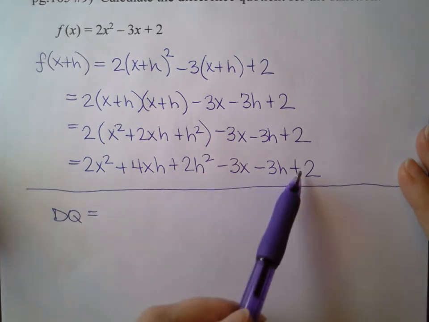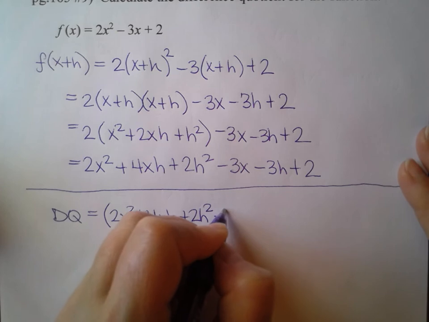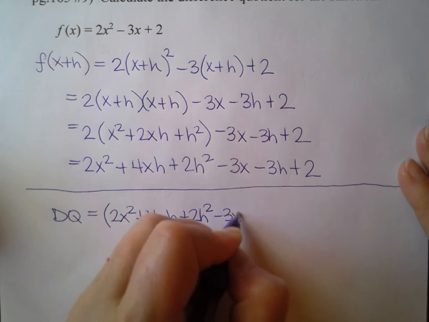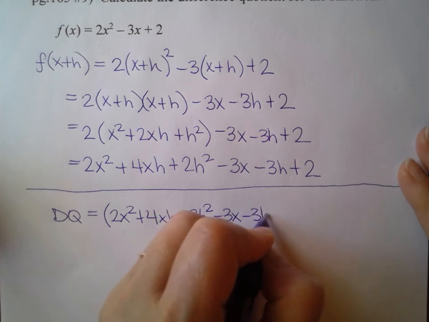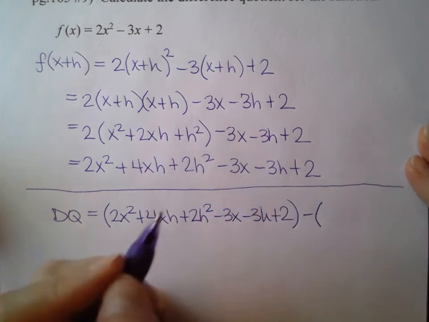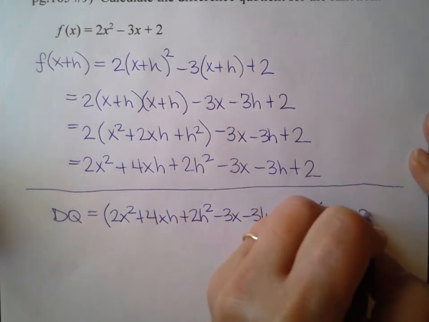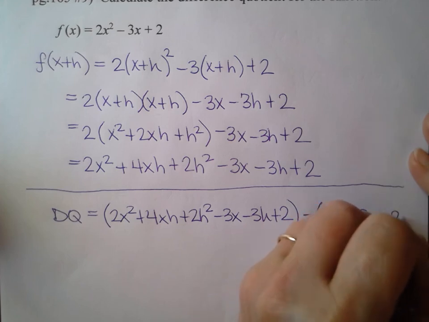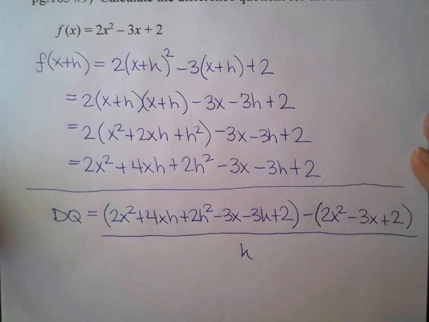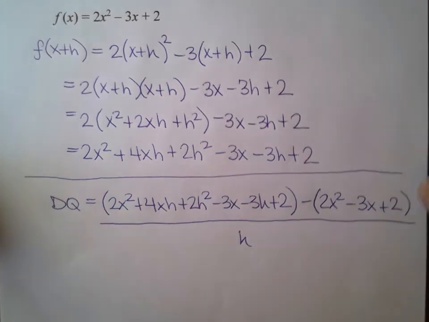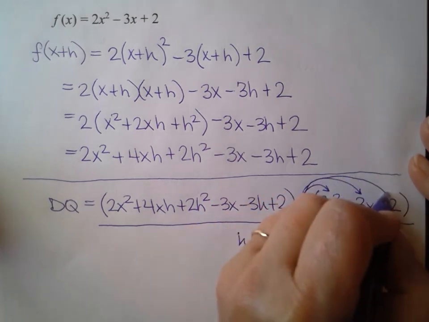So I want all of this, and again, I'm putting in parentheses, and I'm going to subtract the original function that I was given at the beginning of this problem. All of that over h. I don't want to forget to distribute this negative. That's why I put the parentheses.